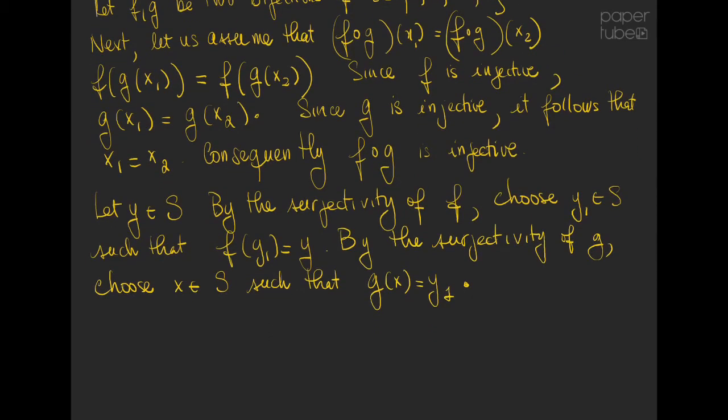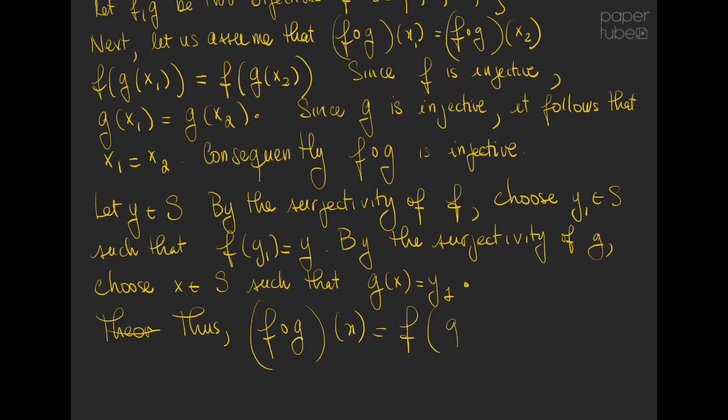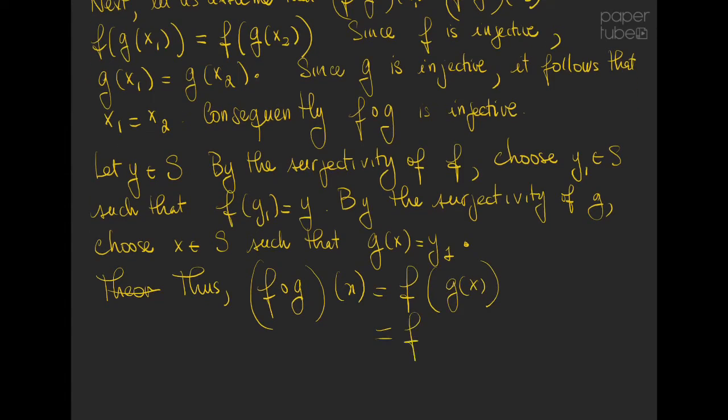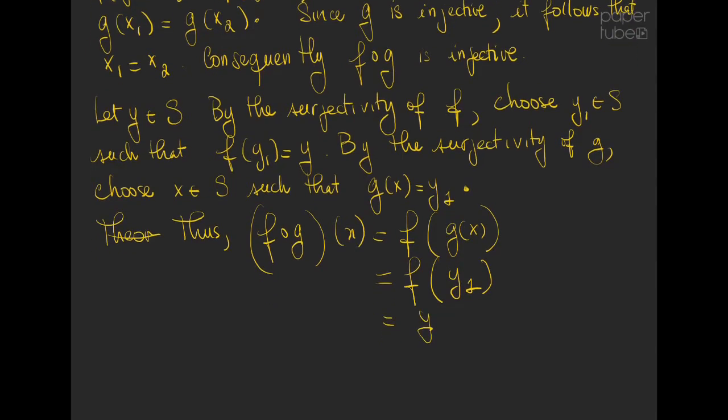Therefore, f composed with g of x is f of g of x, but g of x is y1, and f of y1 is y. So f composed with g of x is y.